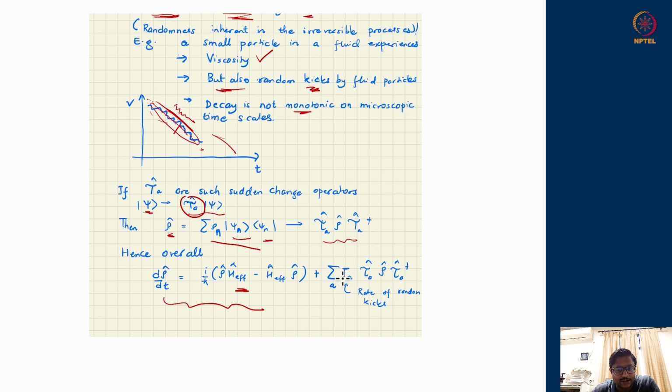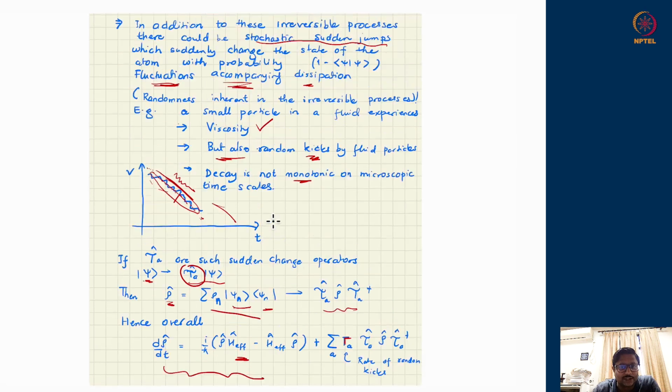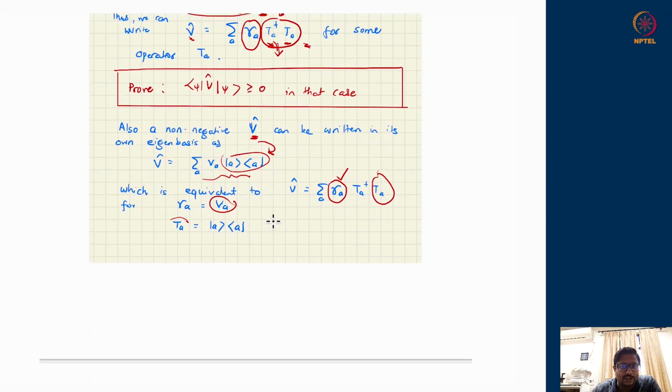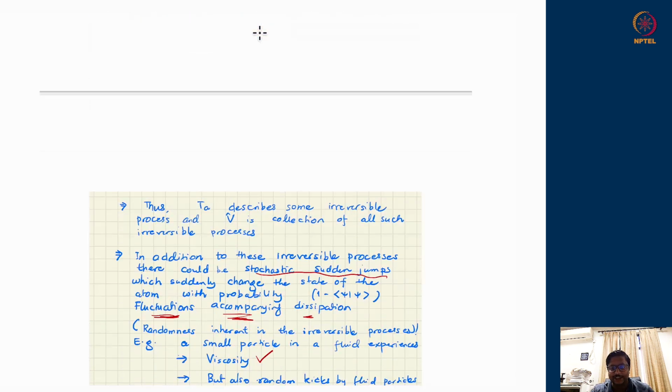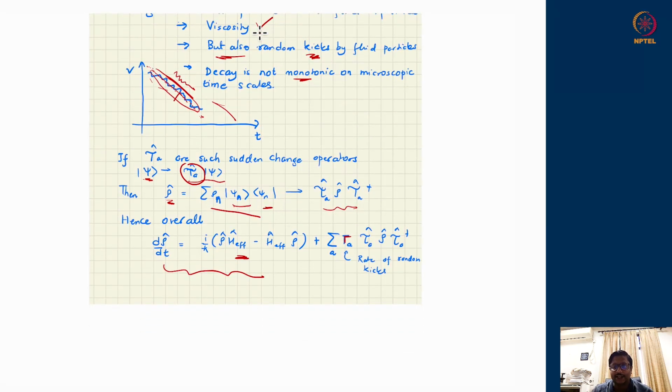The rate of random kick is determined by this parameter capital gamma A. Small gamma A, remember, was the rate of dissipation. This will try to smoothly take the probability to smaller and smaller values, while the capital gamma A are the random kicks the atom will receive at times, and momentarily the density matrix will change in any direction the randomness allows.